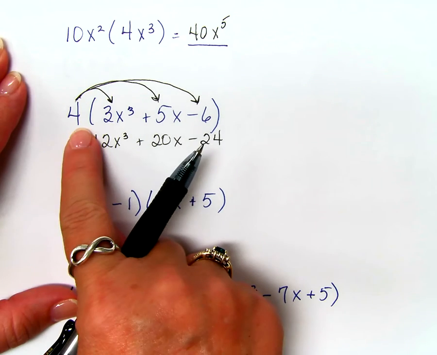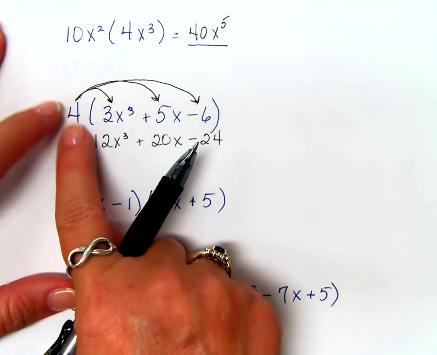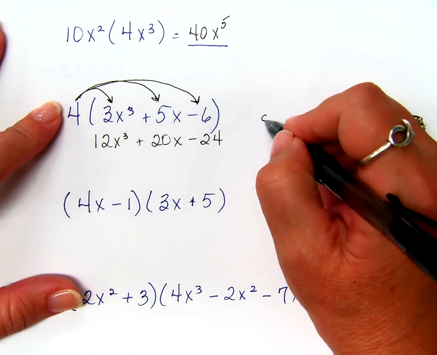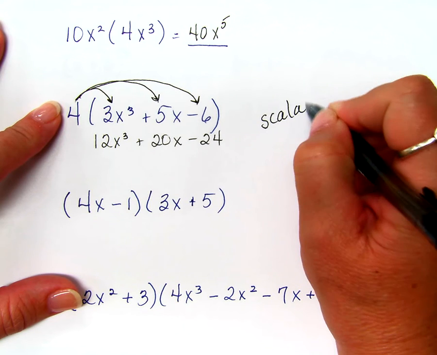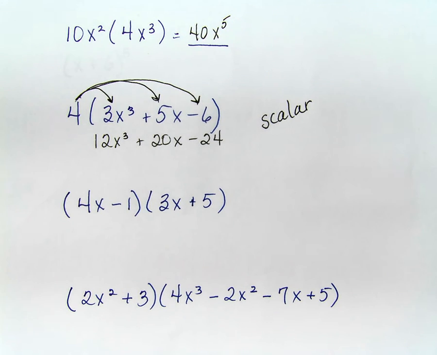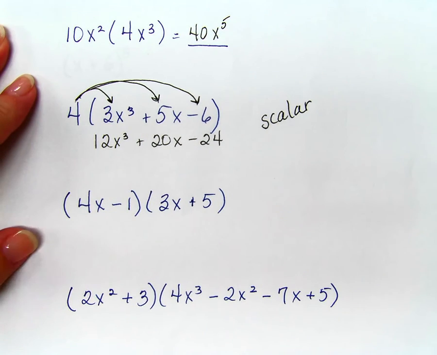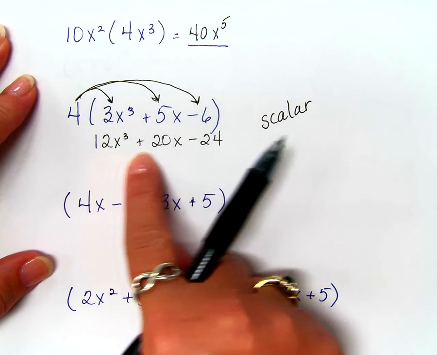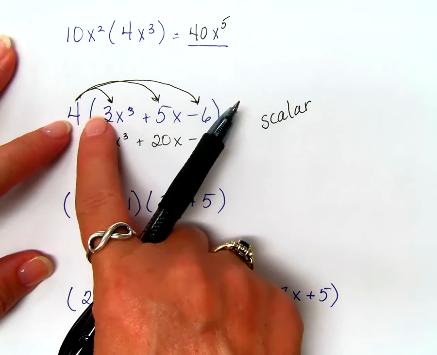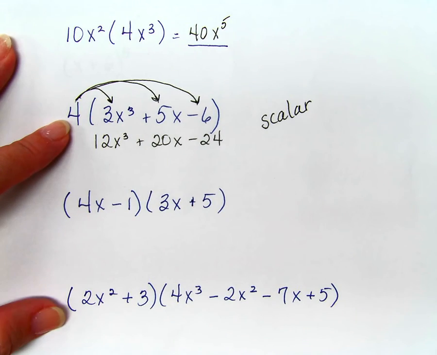I didn't have any variables up here with the 4. That means this 4 has a special name. It's called a scalar multiple. It's a whole number multiple or an integer multiplier times the polynomial. Okay? So that's just my resulting polynomial from when I multiply 4 times this polynomial.